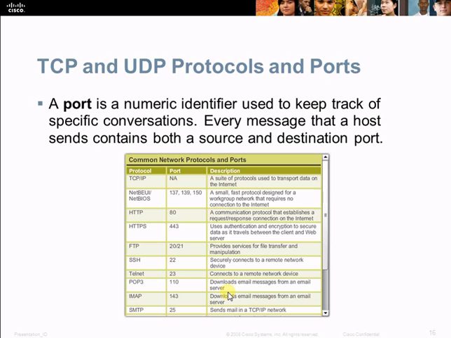You'll see Telnet there, POP3, IMAP, SMTP. It tells you what it's used for. SMTP is used to send mail. POP3 is used for mail, and so is IMAP. FTP is for transfer of files, and HTTPS is the secure way for web pages.